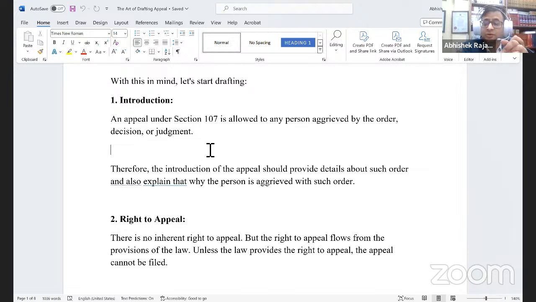Personal hearing is gone. Let's say by 27th October you had filed a reply. On 4th December the order is passed. No further hearing is provided.